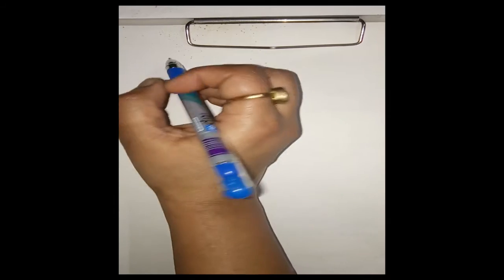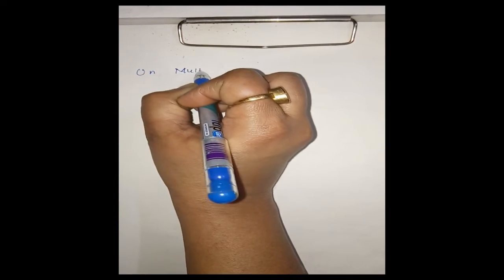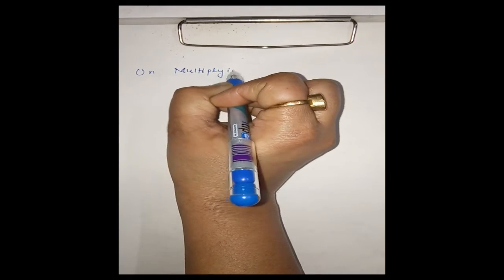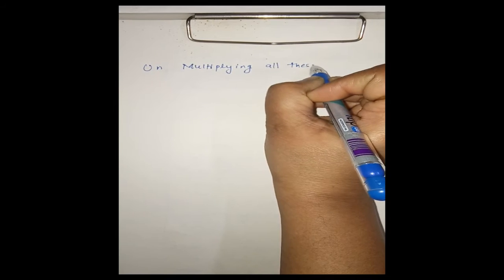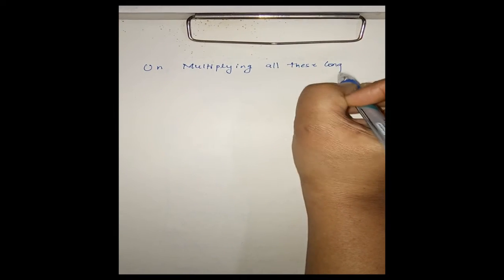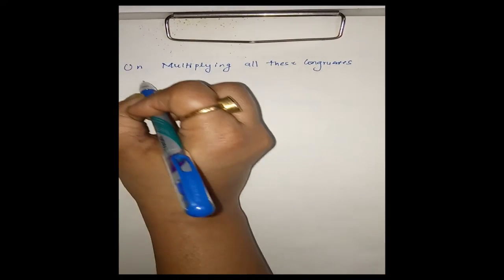Now we have congruences. Now we will multiply all these congruences together.